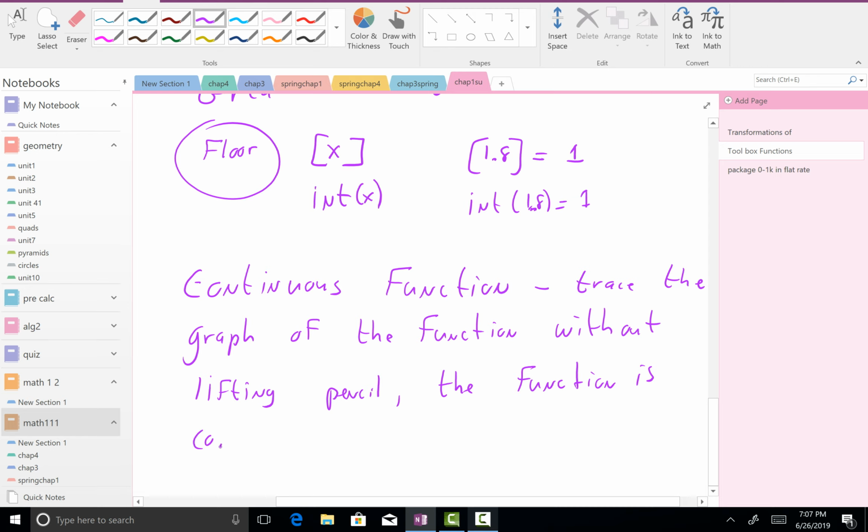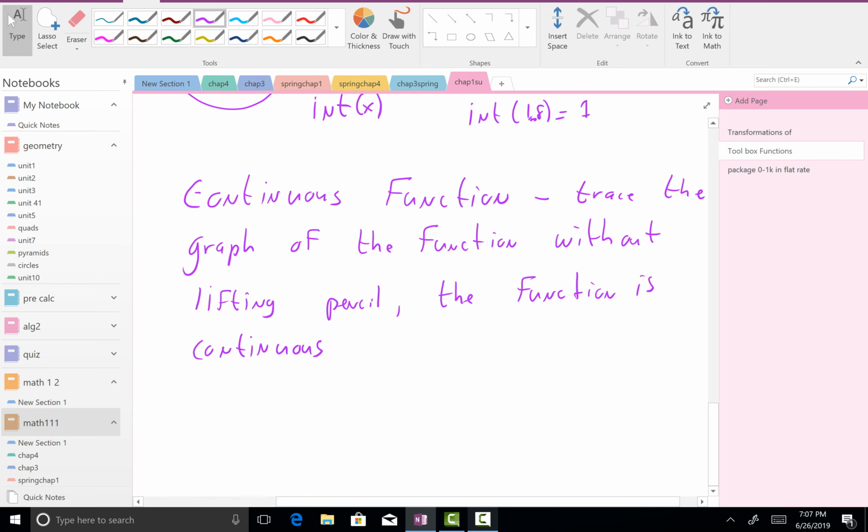Because I'm lifting up my pen or pencil to trace them. So I trace it, lift, lift, lift. Sketch, lift, do that. So it's not continuous.